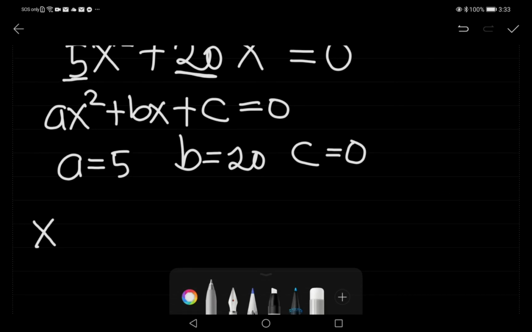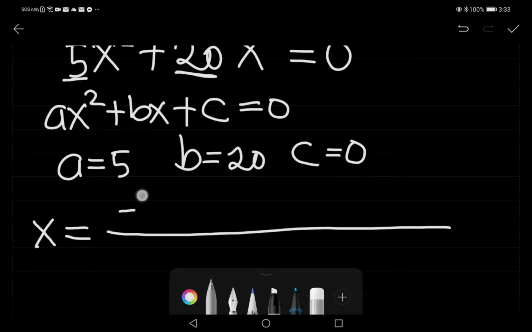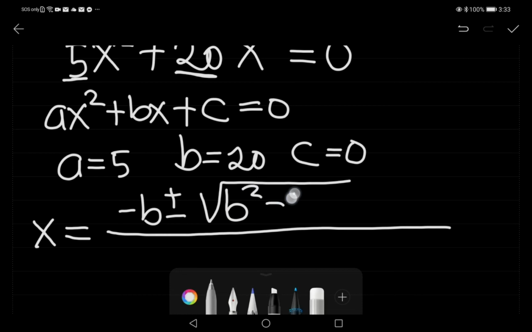The formula for quadratic equation is minus b plus and minus square root of b squared minus 4ac over 2a.